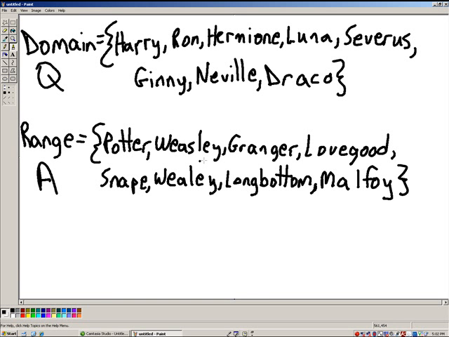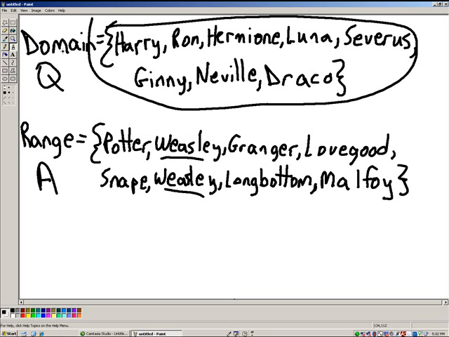It's okay that Weasley shows up twice in the range. I spelled Weasley wrong there. It's okay that Weasley shows up twice in the range. That doesn't matter. What matters is that there's nothing duplicated in the domain. That's the important part. So therefore, this is a function.